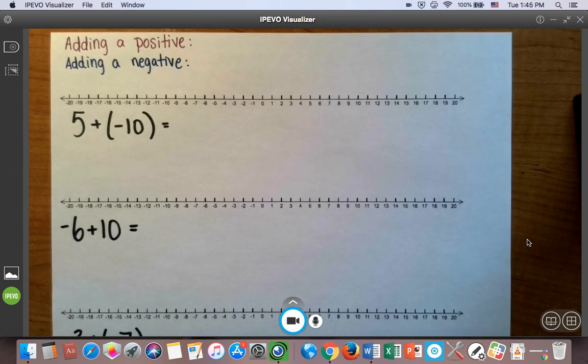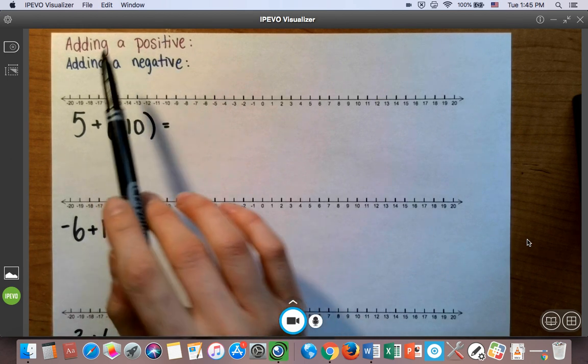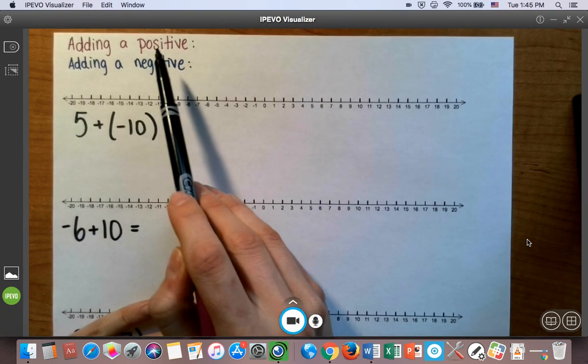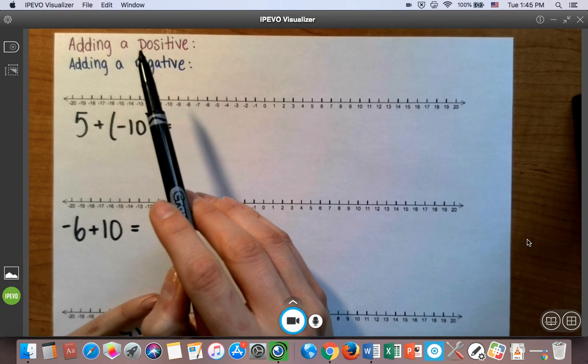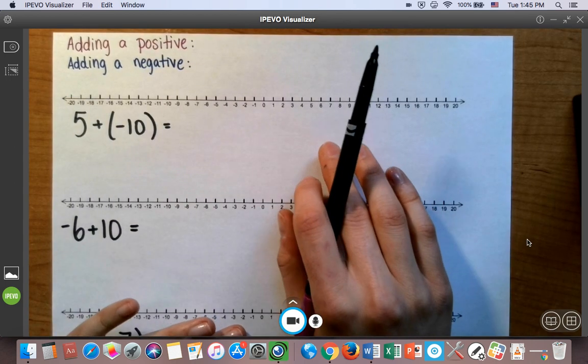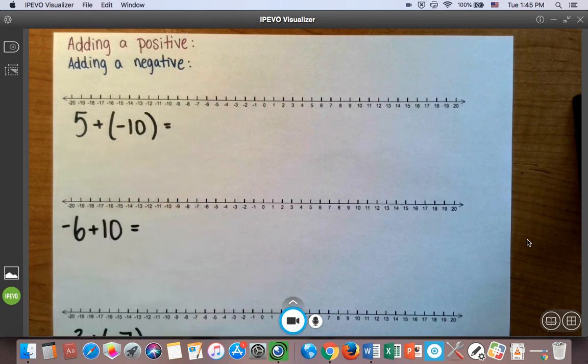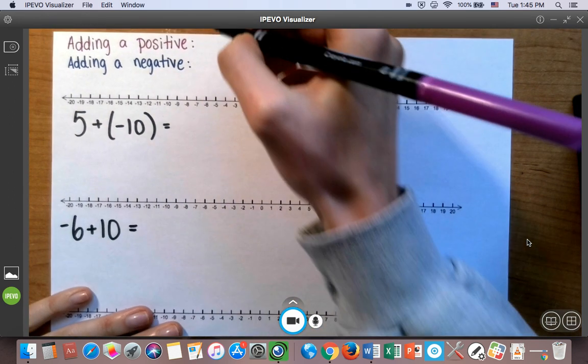So, before we get started doing some problems, I just want to make some notes for myself to help me remember which way to move on a number line and which way my arrow should be facing. So, up here, I wrote some notes where it says adding a positive. What's important for me to remember as I'm solving these and drawing them out in a number line, as I'm modeling them, is that when I'm adding a positive, I'm moving right.